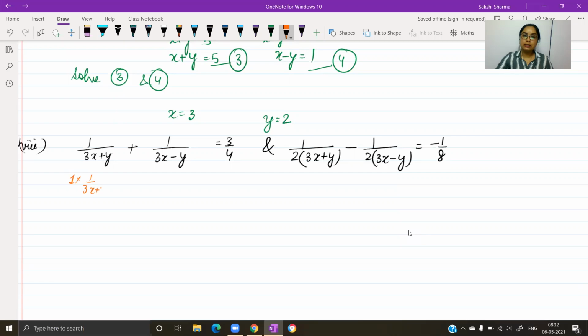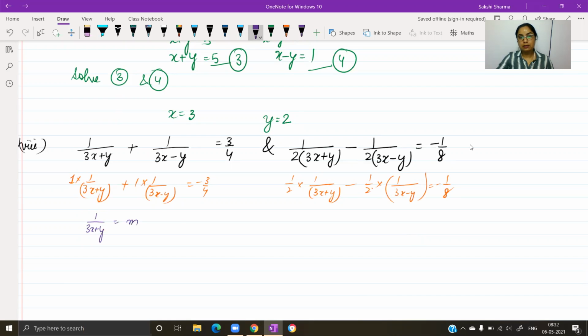So I am writing this step. You may avoid this. Taking new variables for 1 over 3x plus y and 1 over 3x minus y, the new equations are m plus n equals -3 by 4 and half m minus half n equals negative 1 by 8.